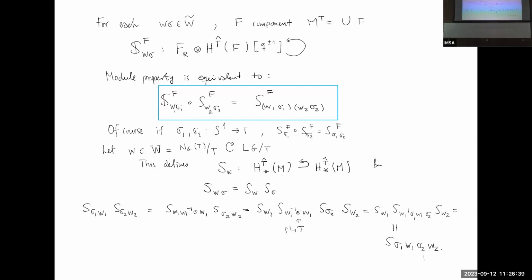I should be putting a log in that, but the notation will get really tricky. But anyway, in that case, you have a map that goes from the fixed points of M into itself, and then you have this action. By the way, instead of F, it should be the union of F's. So the module property will be equivalent, in this case, to the statement that every time you compose the two Seidel maps coming from one-parameter subgroups times W1, which is an unlimited divide.